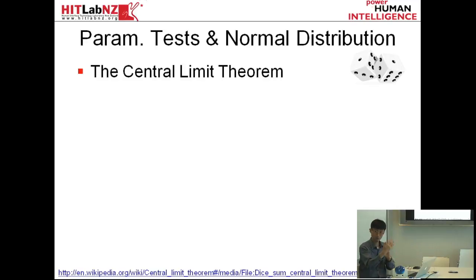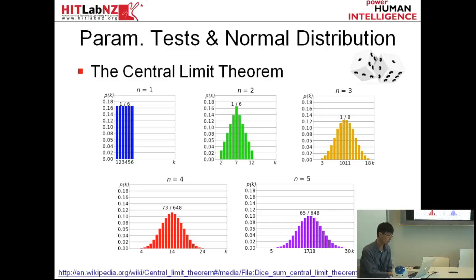So each of the sides has a 1 out of 6 chance of coming up. If you draw a graph, this one is when you toss the dice once. Let's say that's 1 sample. When it's a single sample, the probability of seeing a number from 1 to 6 is pretty much the same, right? So it's not normally distributed.